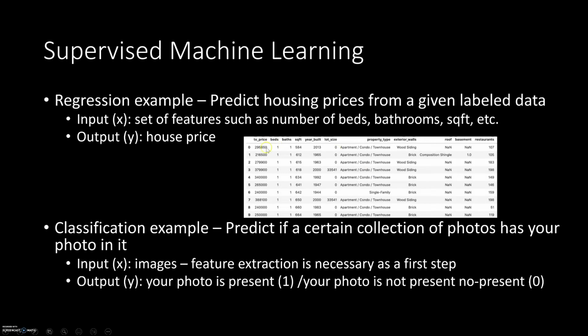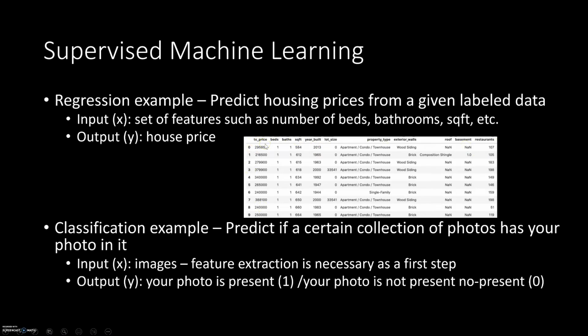So in this snippet, y is the house price, and it depends on several different factors. It depends upon the number of beds, number of bathrooms, the square foot, the property type, the restaurants nearby.